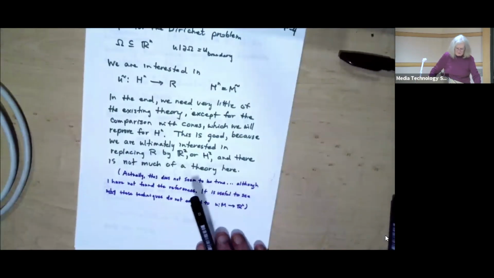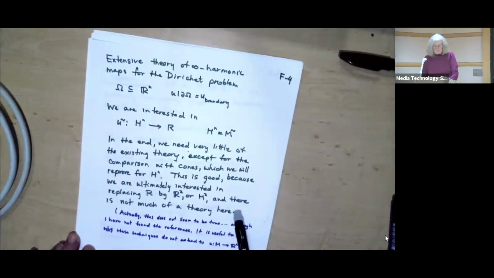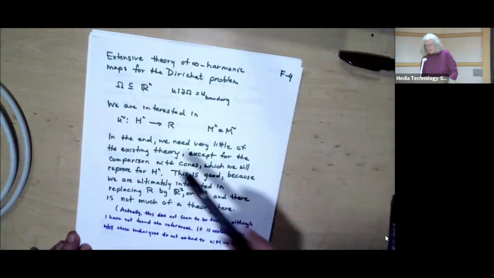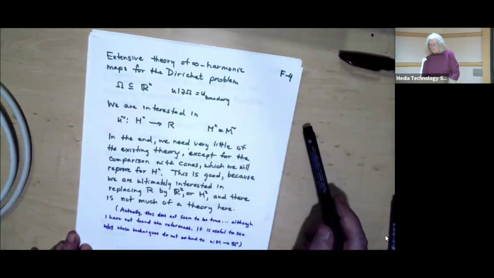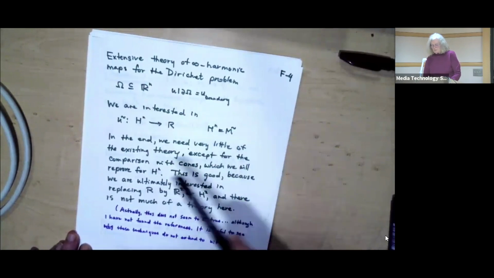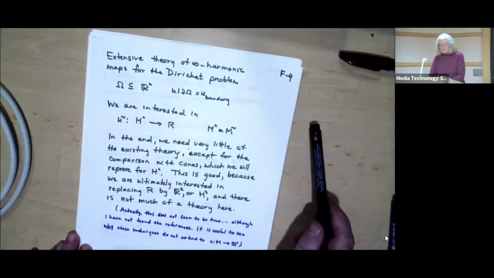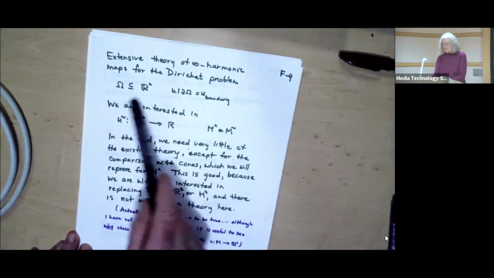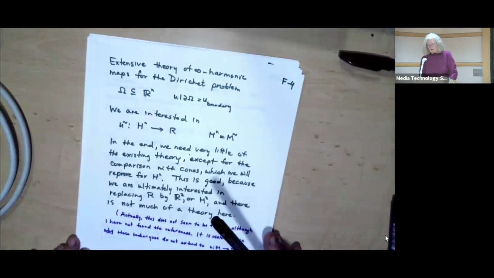There's an extensive theory of these for the Dirichlet problem, where we have a domain in R^n and we fix U on the boundary, and we study the infinity harmonic maps that satisfy this boundary value problem.